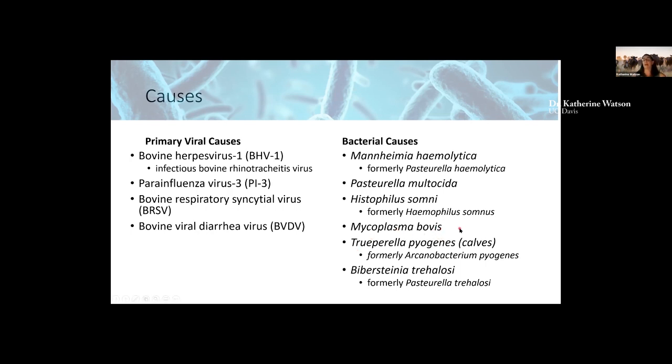Trueperella pyogenes is mostly in calves; we don't really see it in adult cows. And then Bibersteinia trehalosi, which is on the margin. It was actually discovered in Tulare County by Dr. Biberstein, and it is reported in the literature, but our major ones are Mannheimia, Pasteurella, Histophilus, and Mycoplasma.